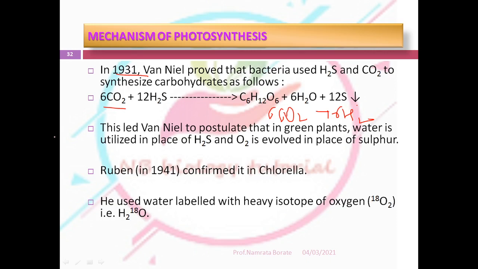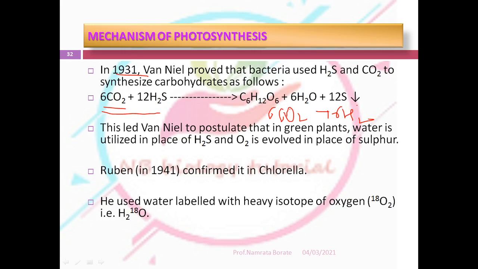So what's that Van Niel experimental equation? That is 6CO2 plus 12 H2S in the presence of light energy and chlorophyll, and there is a formation of C6H12O6 plus 12 sulfur, and 6 water molecules are formed.